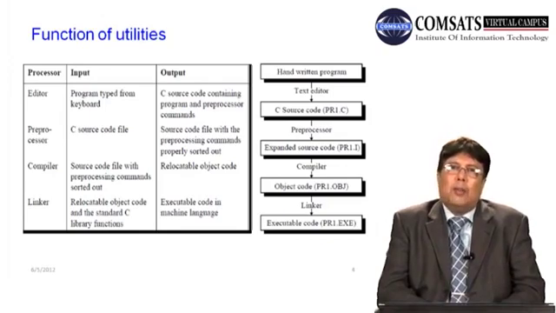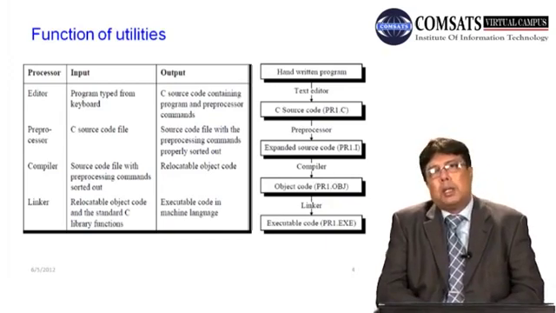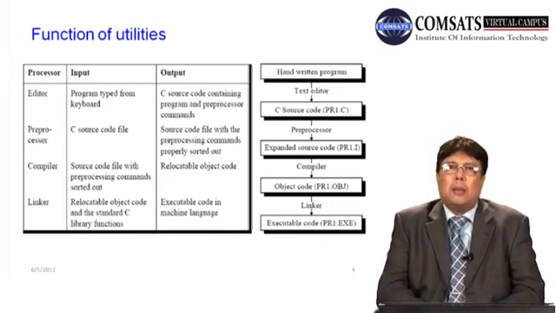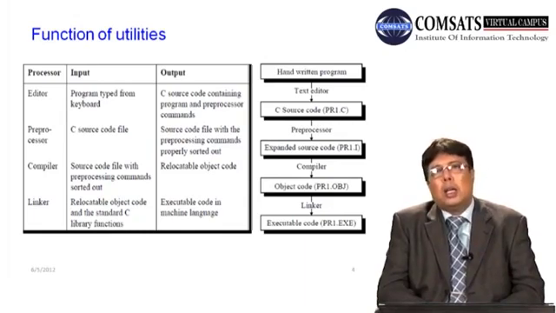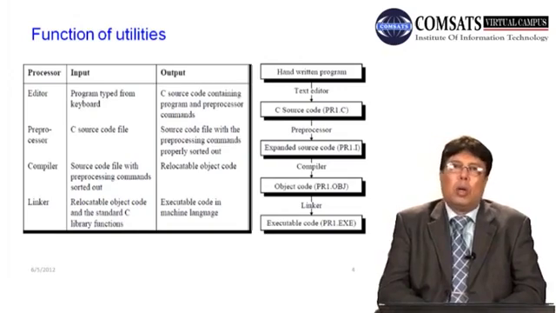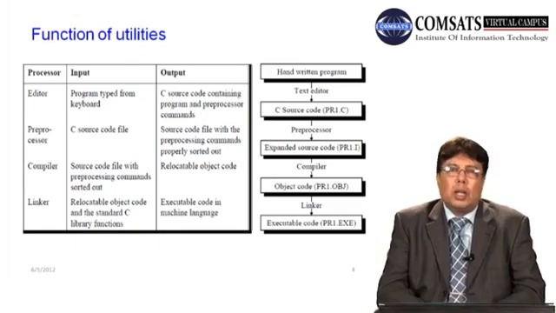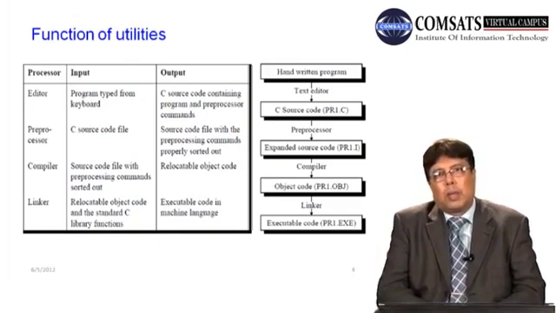You might remember in one of my examples, I have shown you that all the white spaces, including space, tabs, enter key, carriage return key, new line keys, all the blank lines are eliminated by the preprocessor, and the whole code becomes a contiguous or continuous sequence of characters.